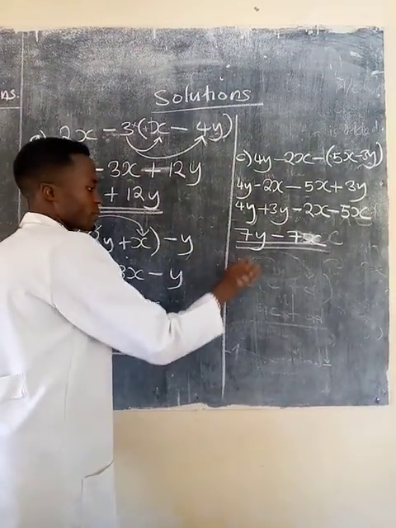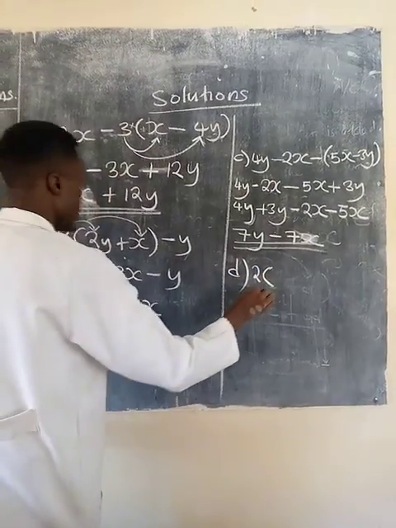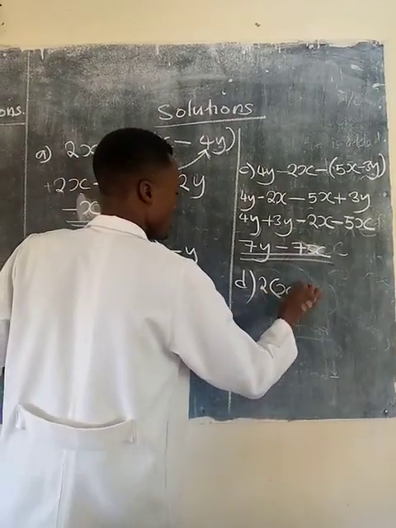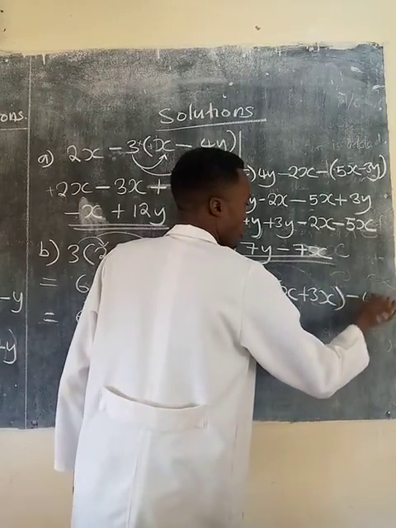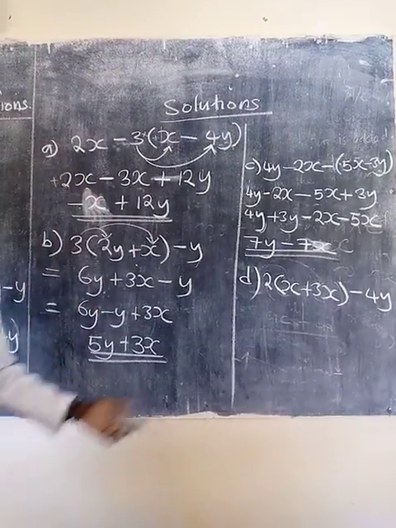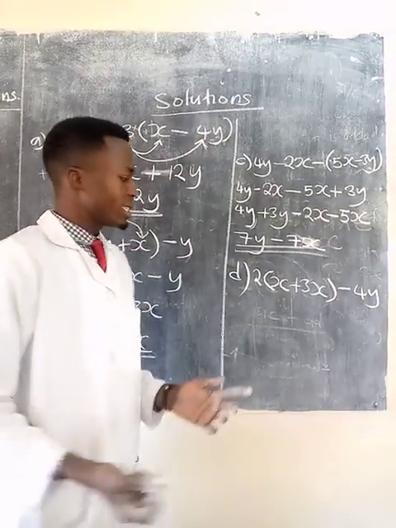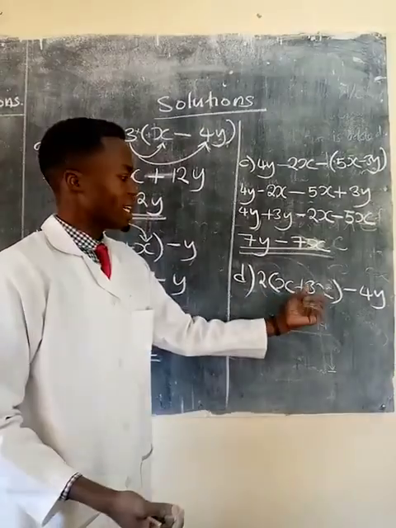Then for D we are saying is 2, open bracket, x plus 3x, close bracket, then minus 4y. So again, there is just the matter of opening up the brackets. Now, like I said, if what is in the brackets can be simplified, just go ahead and simplify.